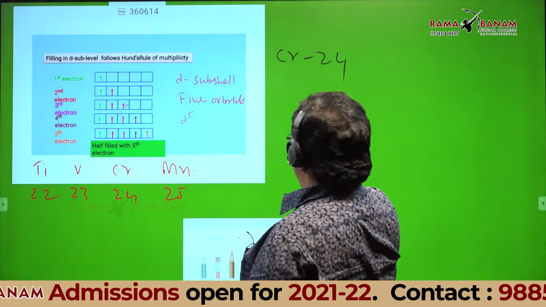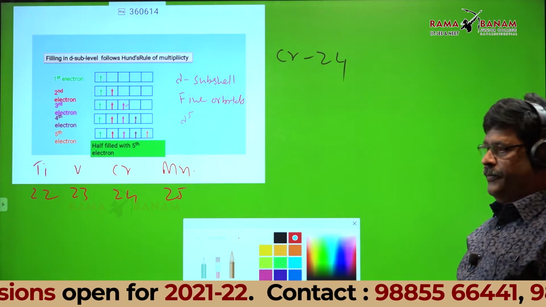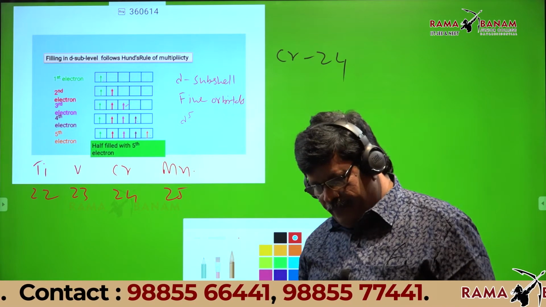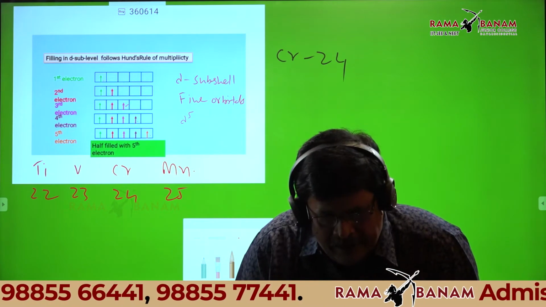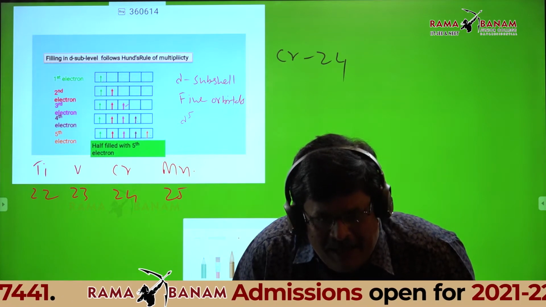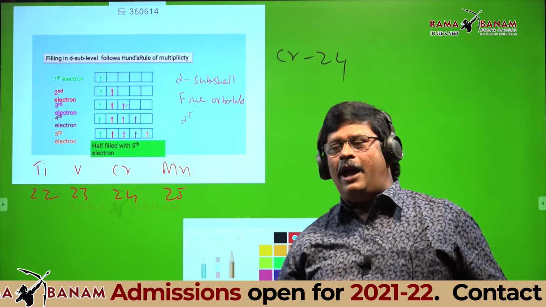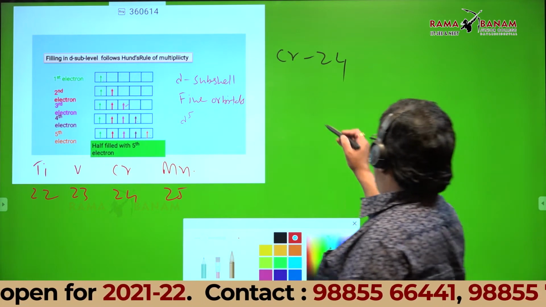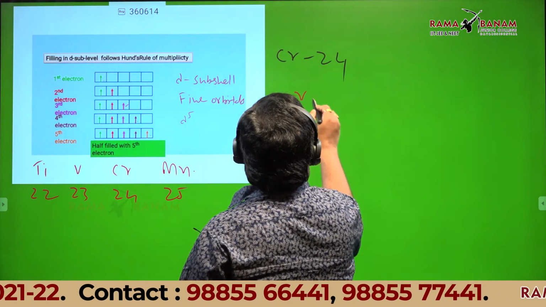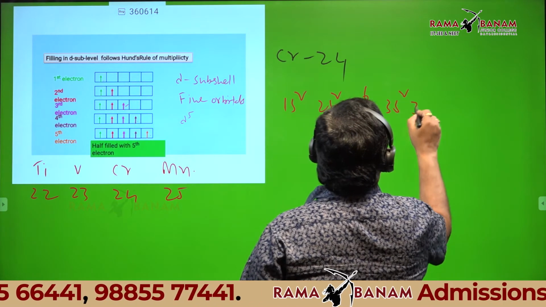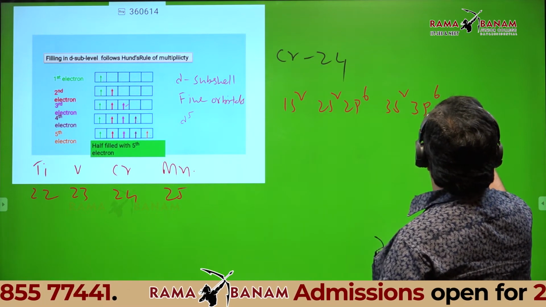Now all 5 d orbitals have the same energy, because n plus l is the same, n is the same, everything is the same. They should have the same energies, no? Chromium is 1s2, 2s2, 2p6, 3s2, 3p6.